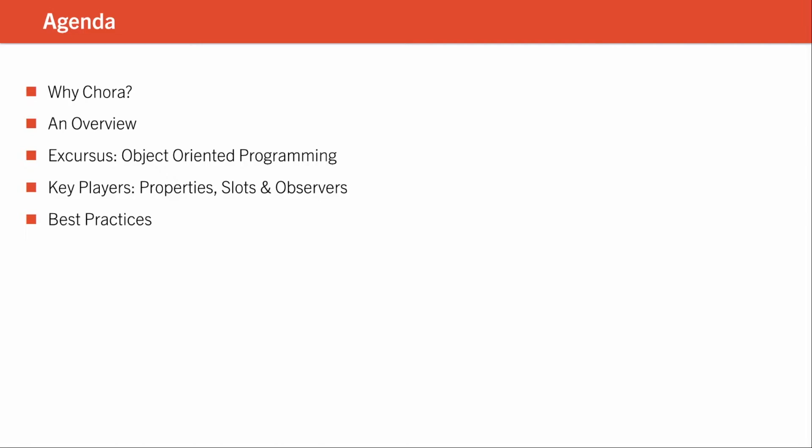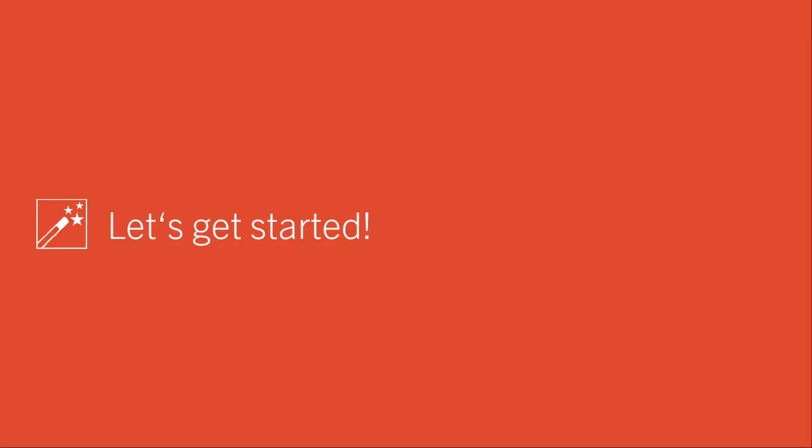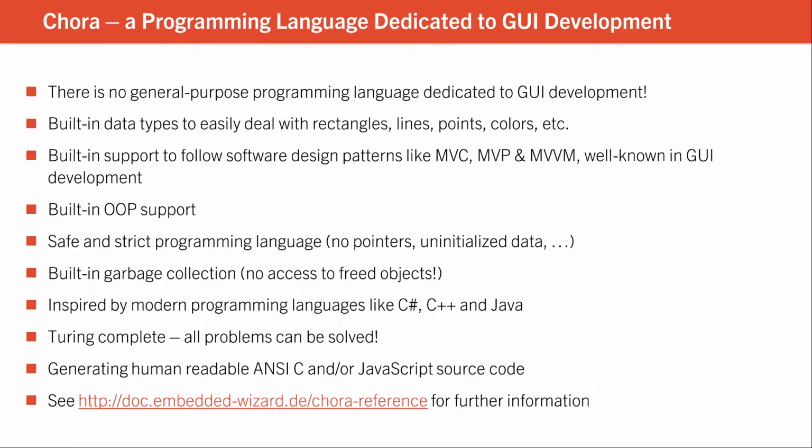So, why have we chosen to implement an own programming language? Honestly speaking, when I joined the company and got familiar with Embedded Wizard the very first time, I really thought, why have they added a new programming language? There are plenty of programming languages out there. So there is C, C++, Python, JavaScript, whatsoever.